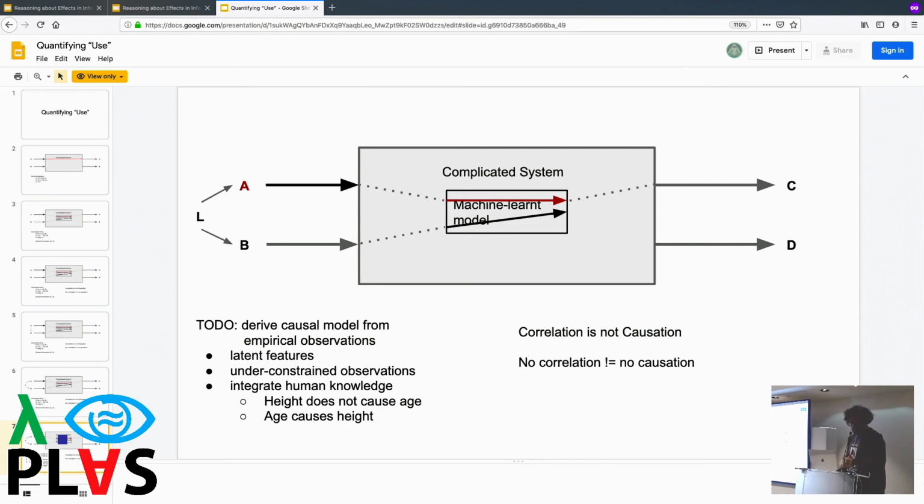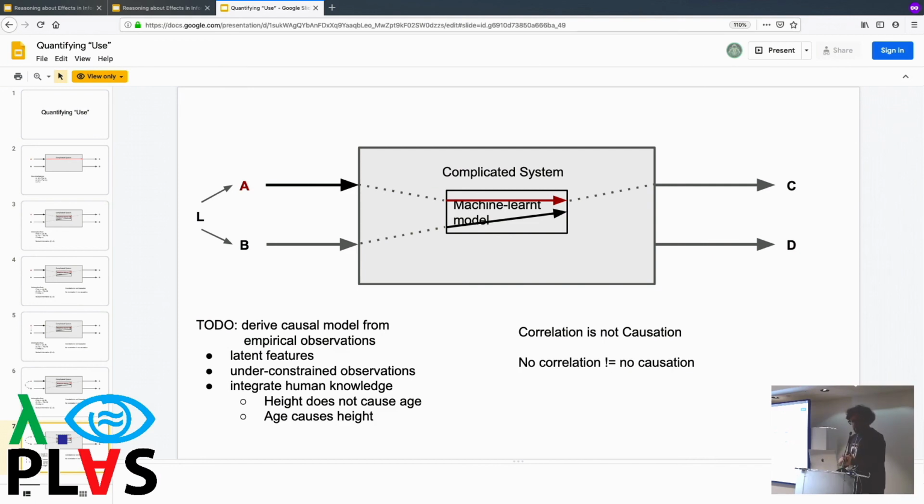There are many problems in this. There are latent features which might not even be in your data set. There's under-constrained observation. For example, if A and B are identical, there is no causal analysis that will be able to figure out which one is the cause of the other. So in the end, I think a lot of this will depend on integrating human knowledge, such as height does not cause age, it's age that causes height, and so on.